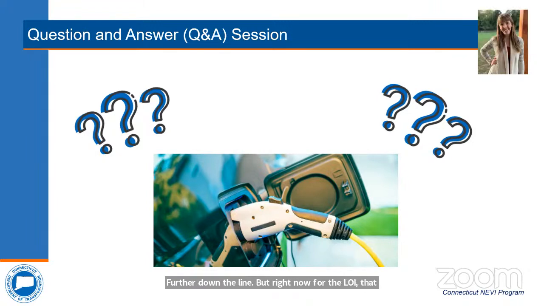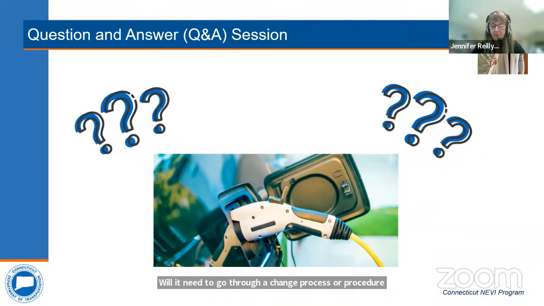Okay, next question. Are there any binding commitments being made in the LOI? For example, if we make changes to federal match or project partners between LOI and RFP, will it need to go through a change process or procedure? So the LOI is per site.